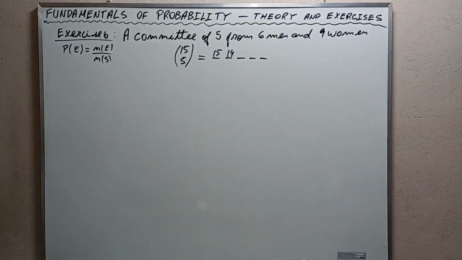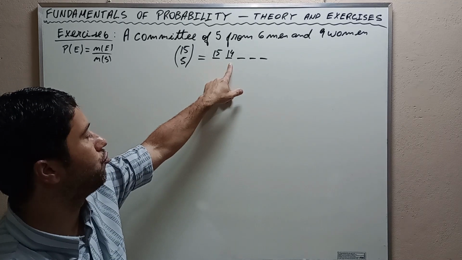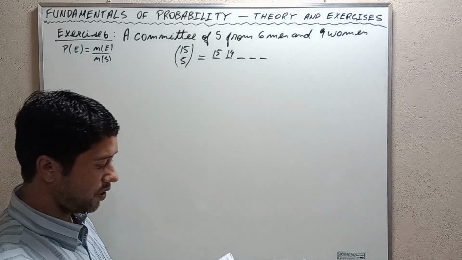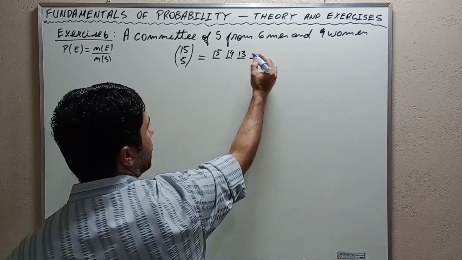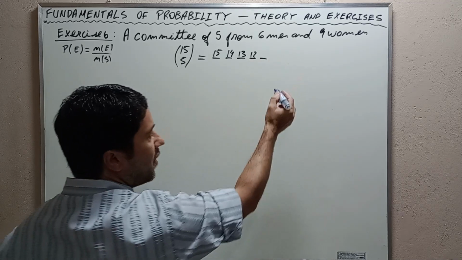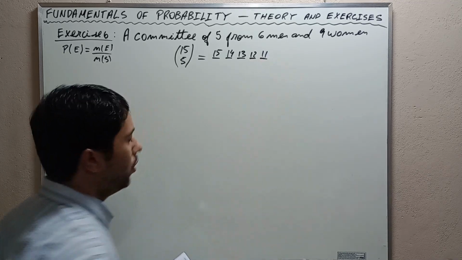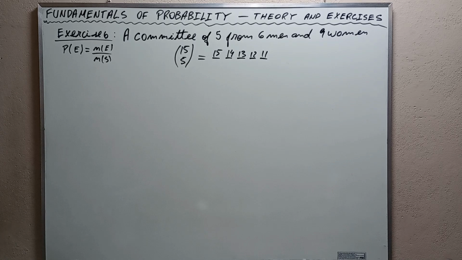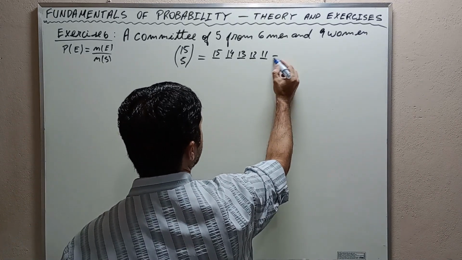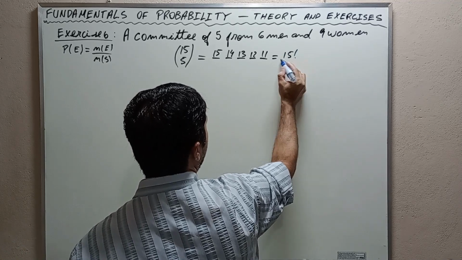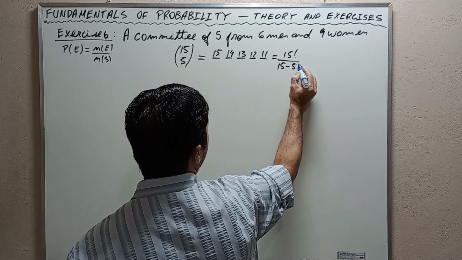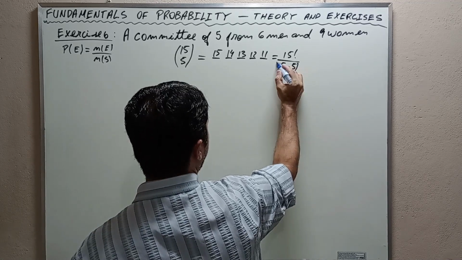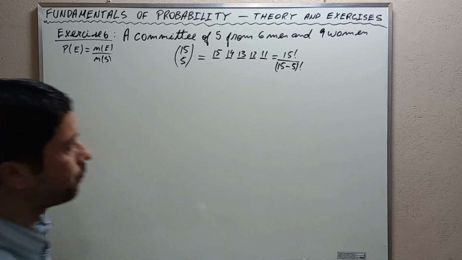And as we have already selected 2 people, for the third position we have 13 possibilities, for the next position 12, and for the last position 11 possibilities, okay? And this is equal to 15 factorial divided by (15 minus 5) factorial.